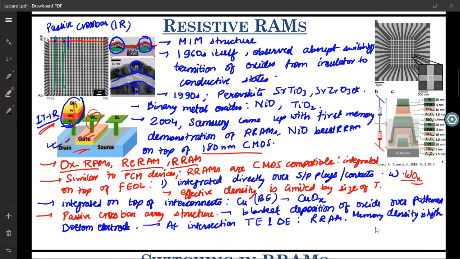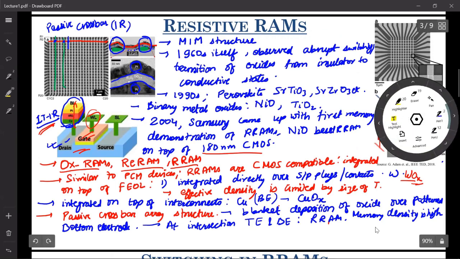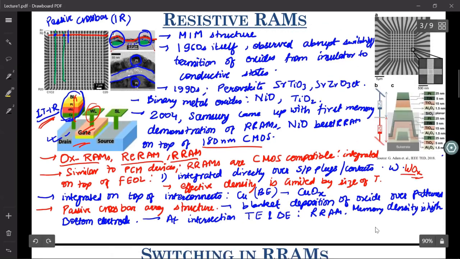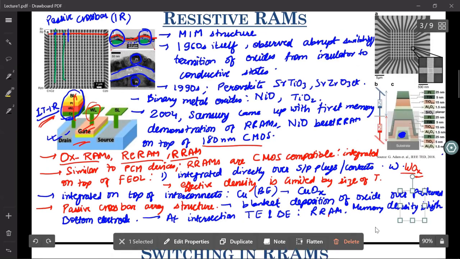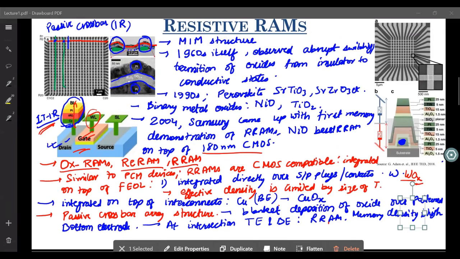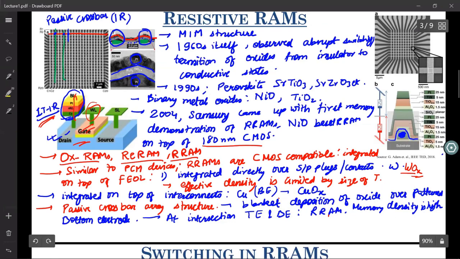Now, what can be done is, even this can be 3D integrated. How? Here you have a bottom electrode, then a blanket deposition of your oxide, and then you have a top electrode. So this is 1R, which is represented here.